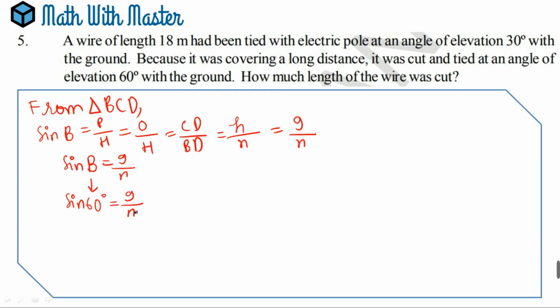Because if sin B is equals to sin 60 degrees, then angle B must be equals to 60 degrees. And our angle B is equals to 60 degrees. So I can write it. So sin 60 degrees is equals to 9 upon n. So the value of sin 60 degrees is root 3 by 2, which is equals to 9 by n.